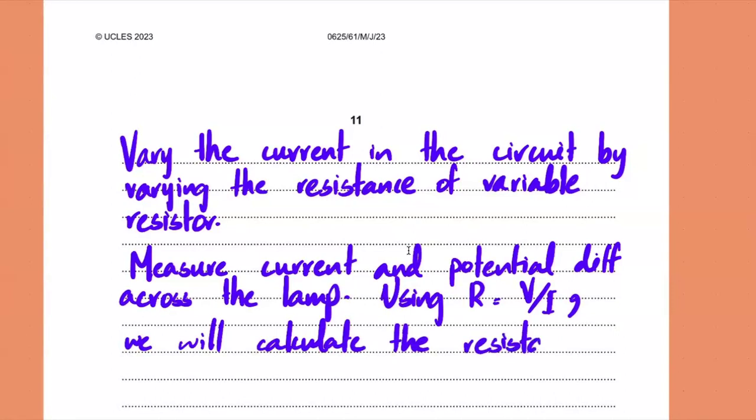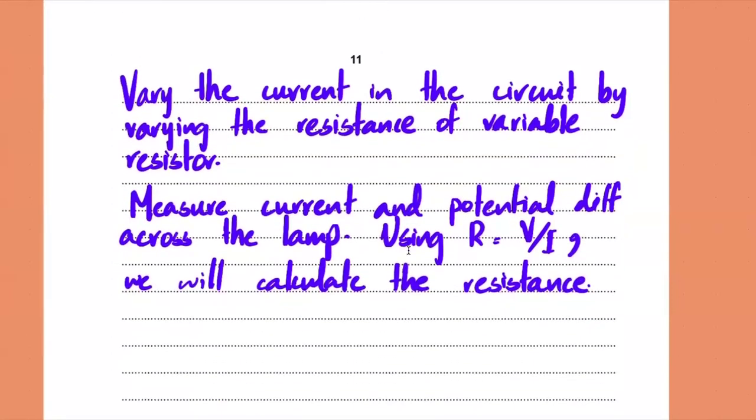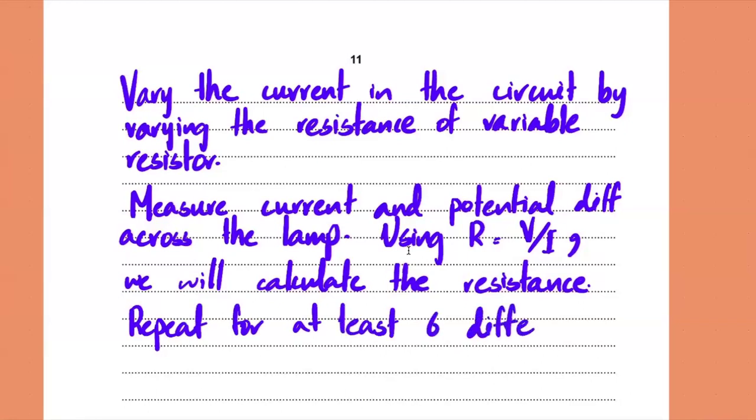And always do write this point on how many readings you are supposed to take. So repeat for at least 6 different values of the resistance.